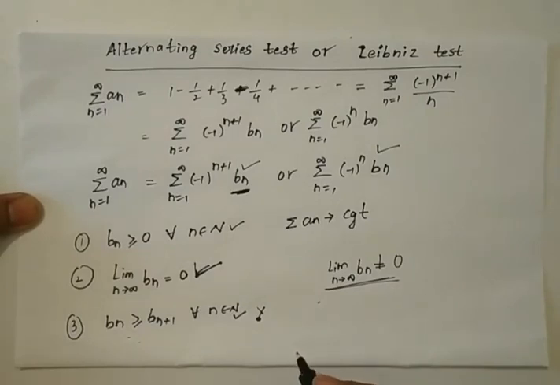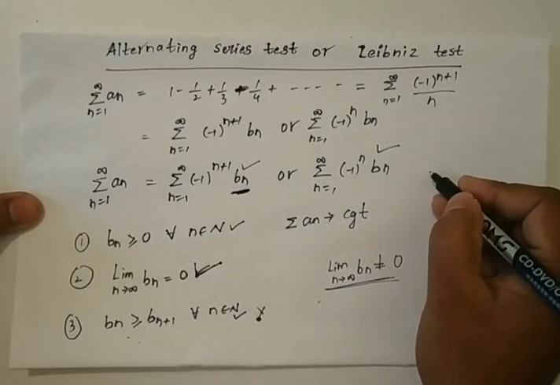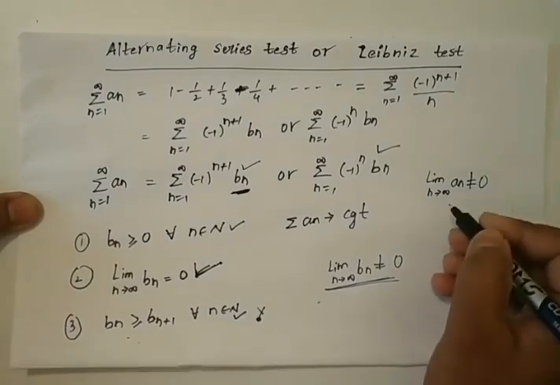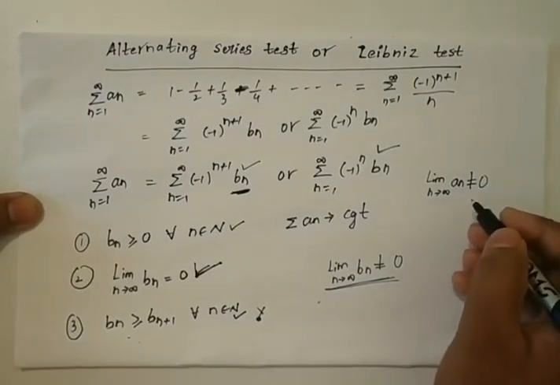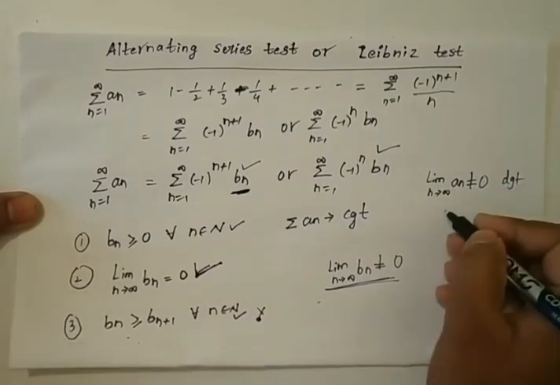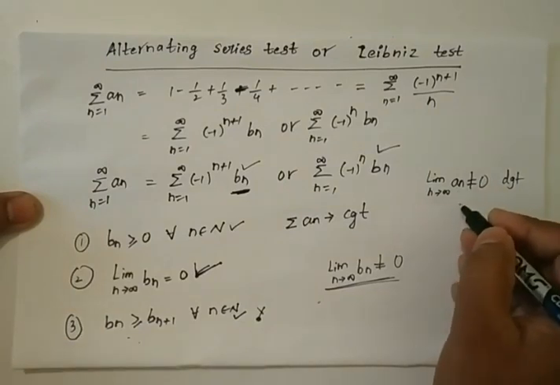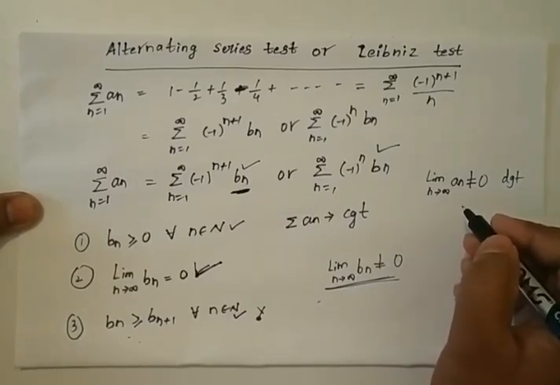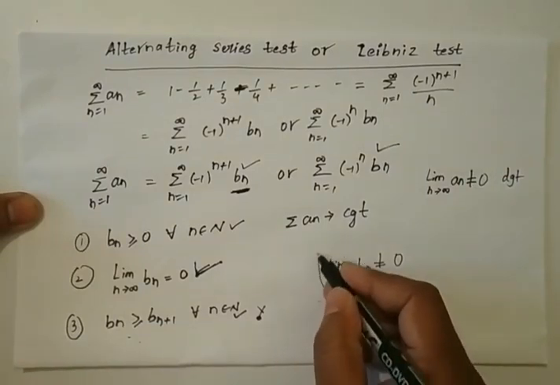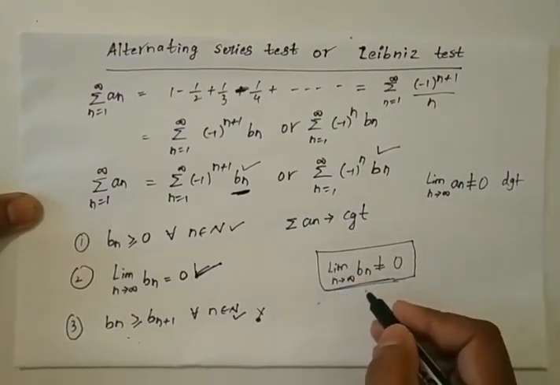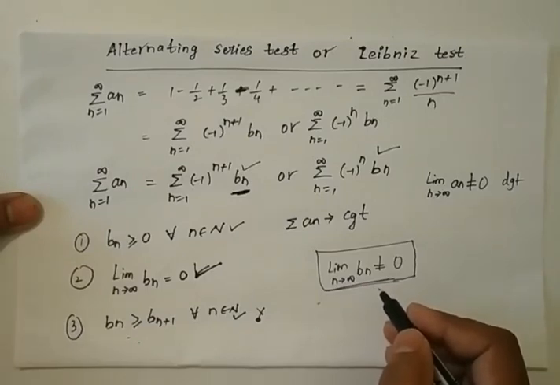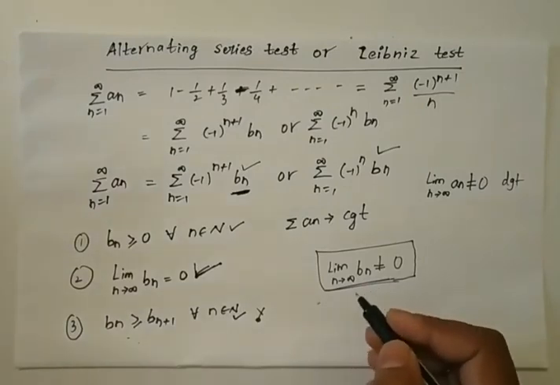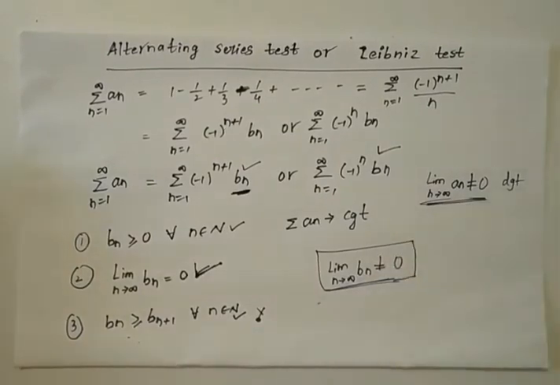Finally, if limit n tends to infinity An is not equal to 0, then the series must be divergent by the nth term divergence test. So remember, if limit Bn is not equal to 0, the second condition is not satisfied, and it is better to go for the nth term divergence test.